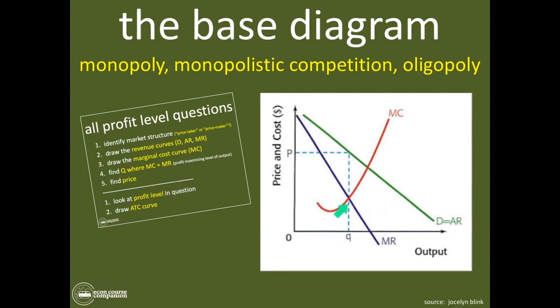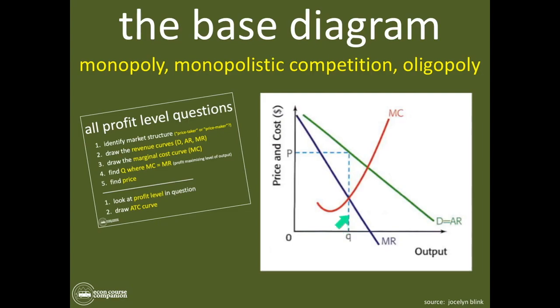That's right. Where's MC equal MR? Well, since MR is no longer underneath the average revenue curve, because this is a downward sloping demand curve, MC equaling MR is right here. So this quantity is where a firm that's a monopolistic competitor, or an oligopoly, a firm that is a price maker, should produce if they want to maximize their profits.